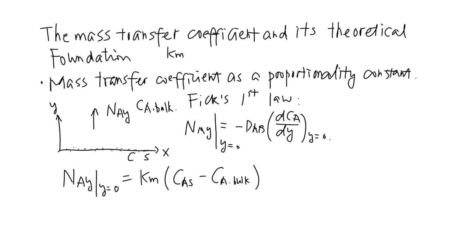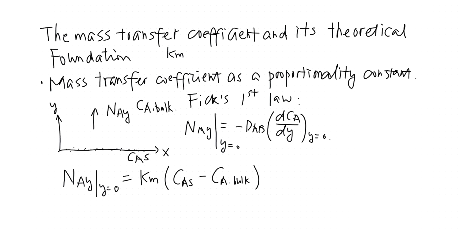For CAS, the concentration at the surface, in many situations in this class, in later lectures, you will see it's typically assumed to be known, or sometimes it can be estimated. However, to use this equation with the mass transfer coefficient, you don't have to know CS. It means you can also solve for CS in other ways if needed.